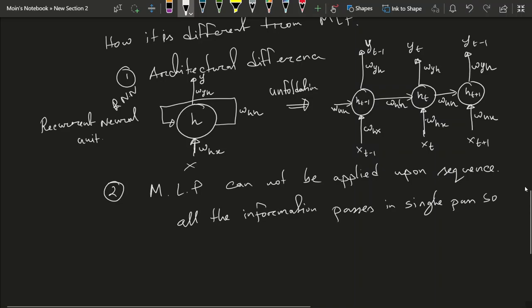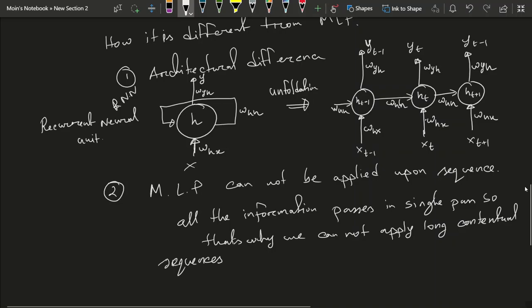So that's why we cannot apply long contextual sequences in MLP for prediction.